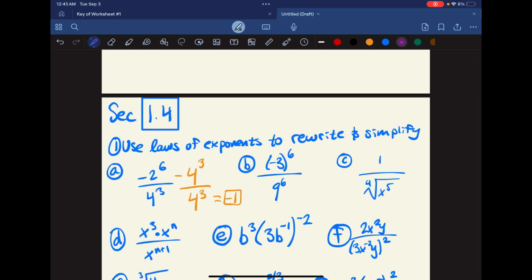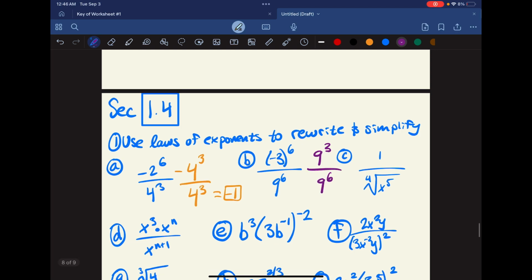Okay, so now for B, we could take this 6 and use up 2 out of this 6 to make this 9, because negative 3 squared is 9. But then we have to factor out a 2 from this exponent. So that would be 9 over 3, divided by 9 over 6. But then this is just simple exponent math.